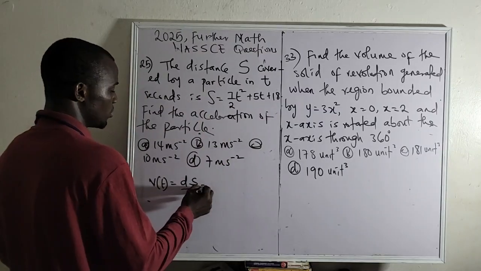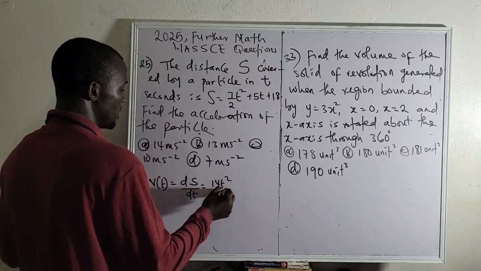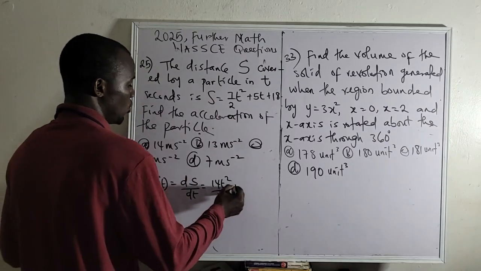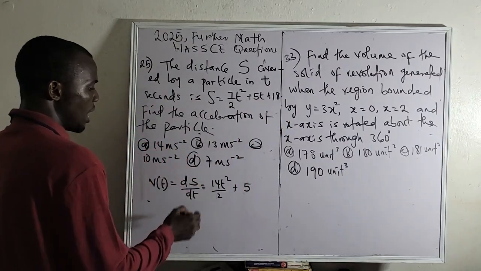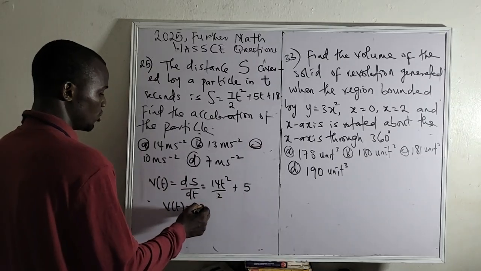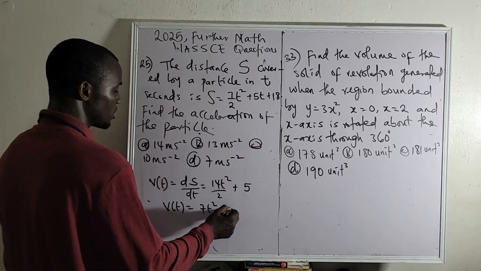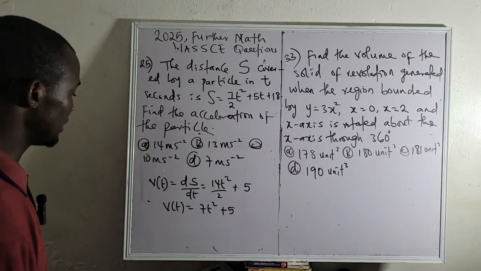If I differentiate this, that will be 14t over 2 plus 5, and this one will go to 0. And we can write v of t to be equal to 7t plus 5. That's what we are going to get.